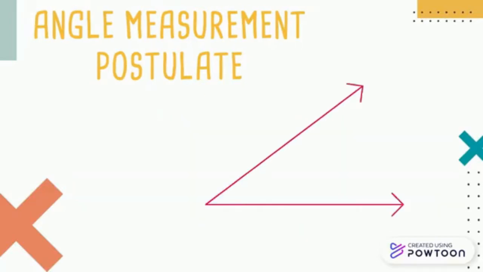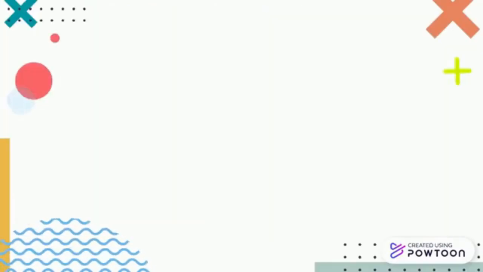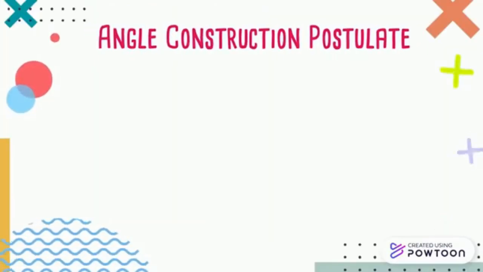For example, we have angle ABC that measures 30 degrees, but the measure of angle ABC is 30. See the difference? If we put a small letter m before the name of the angle, we don't need to write degrees.